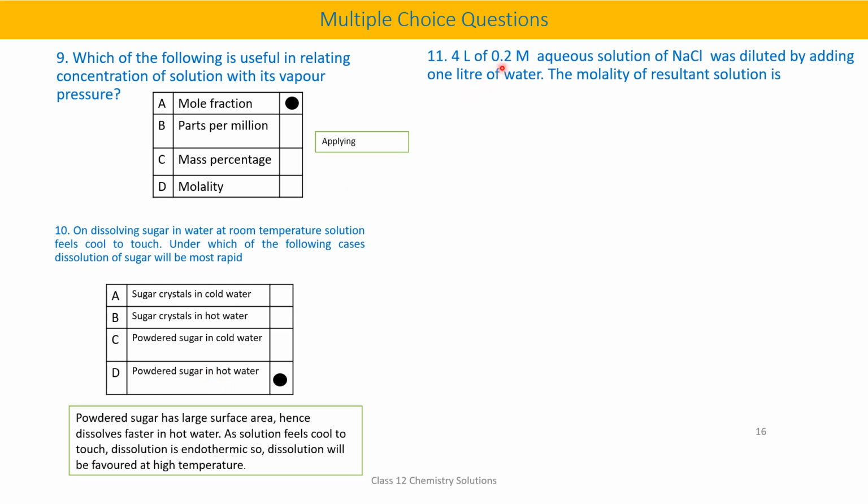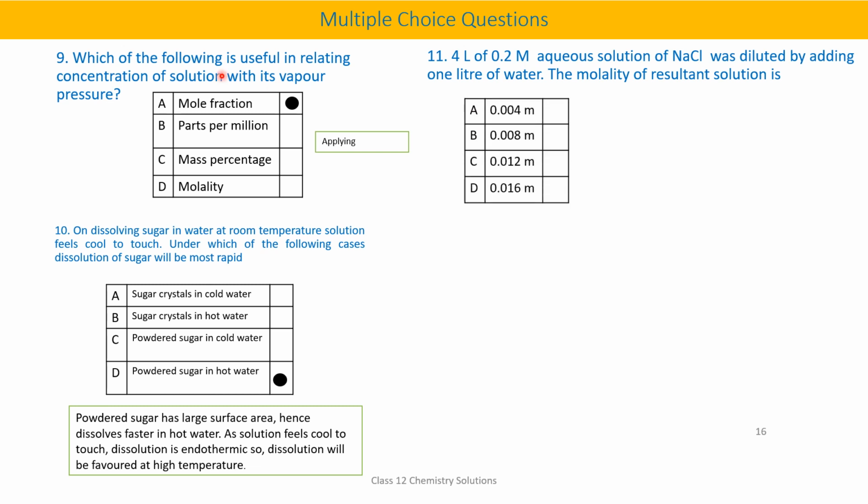4 liters of 0.2 M aqueous solution of NaCl was diluted by adding 1 liter of water. The molality of the resultant solution is, four options have been given: A 0.004 m, 0.008 m, 0.012 m, and 0.016 m.